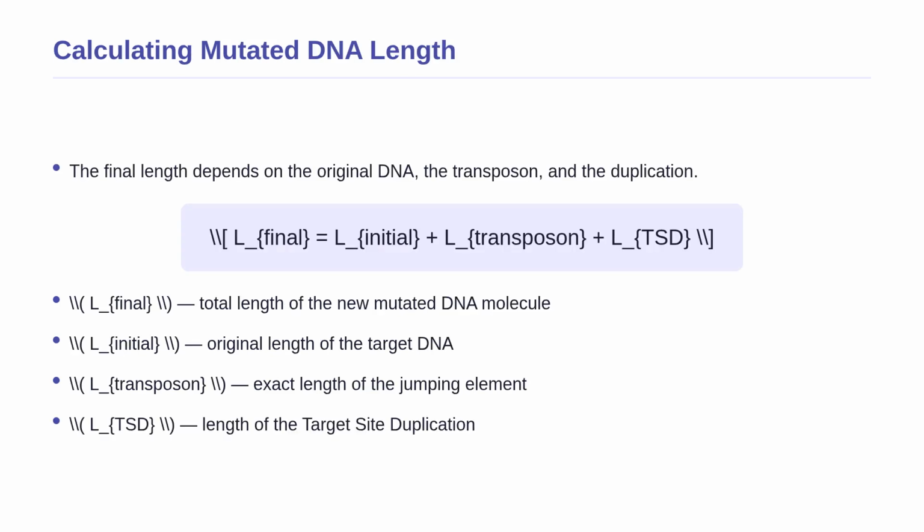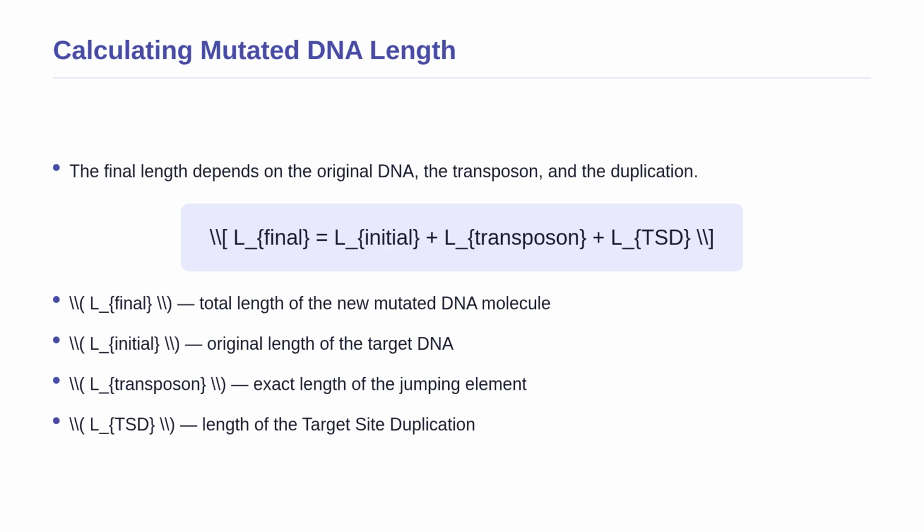This mechanism of cutting and duplicating leads us directly to a mathematical reality. The genome physically expands. We can calculate the final length of the mutated DNA molecule using a simple addition formula. L final equals L initial plus L transposon plus L TSD. Conceptually, this just adds up all the physical pieces of DNA.